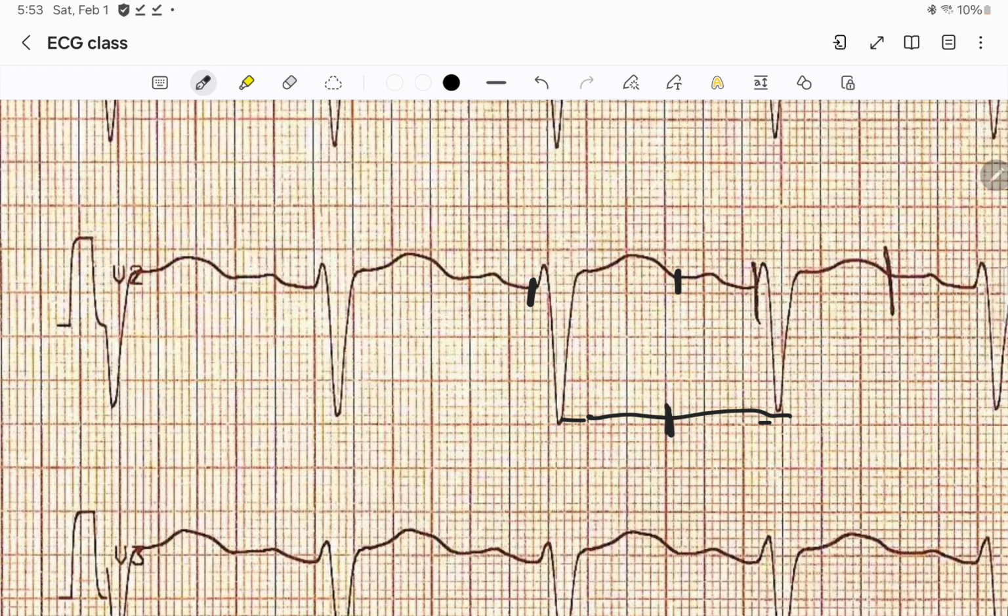Just by looking at this, we can see that this distance is a bit more than half the RR, and therefore we can tell that the QT is grossly prolonged. Of course, we could do the corrected QT and give an exact measurement for that.